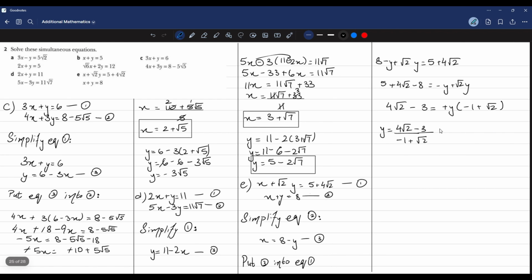Now again, what we're going to do is multiply by the conjugate, which would be negative 1 minus root 2 divided by negative 1 minus root 2, because we are essentially multiplying this by 1. So we are going to get 4 root 2. I'm going to use my FOIL method. First value multiplied by the first value is negative 4 root 2. Inner value multiplied by the inner value is positive 3.